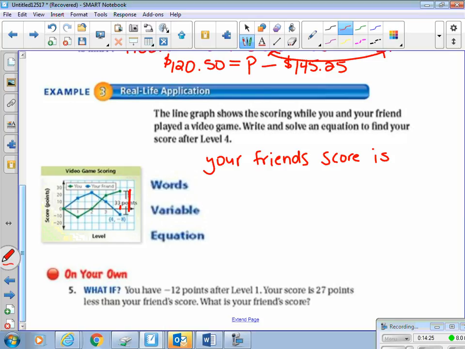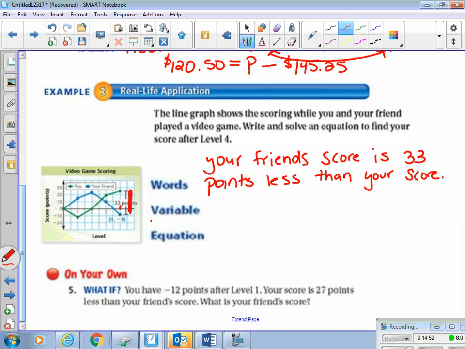We can see the difference between the two points is 33 points less than your score. Your friend's score is 33 points less than your score.